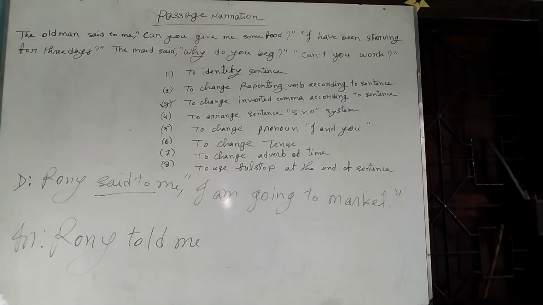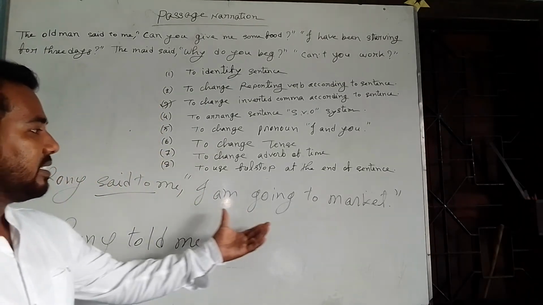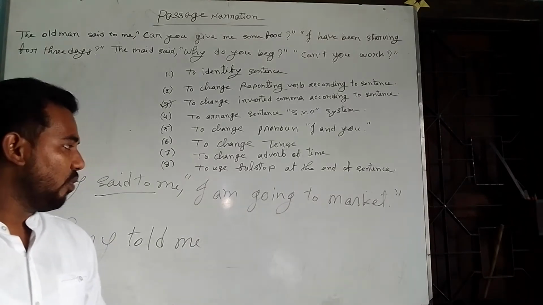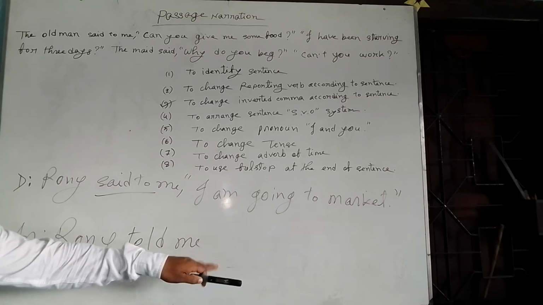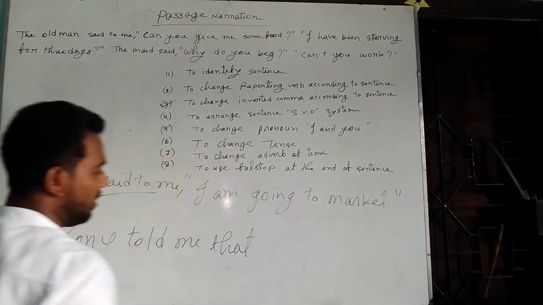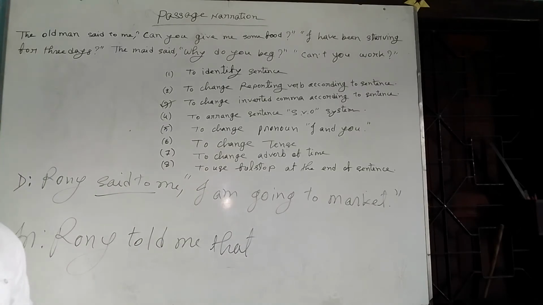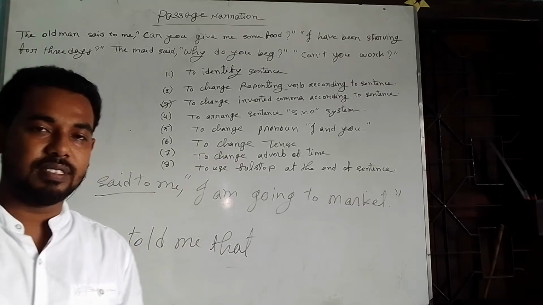Next, third step, we have to change inverted comma. As this sentence is assertive, we have to use linker that instead of inverted comma. Number fourth step. Here you can see this is the assertive sentence.